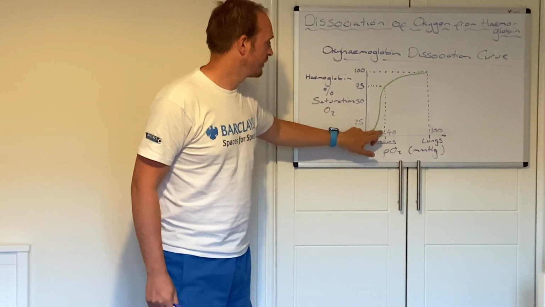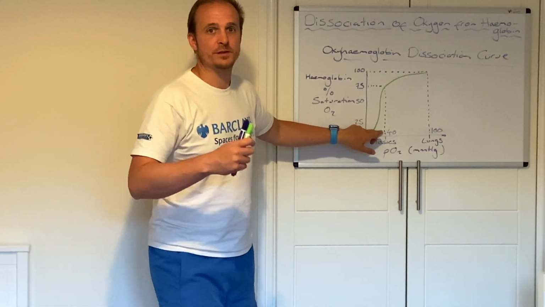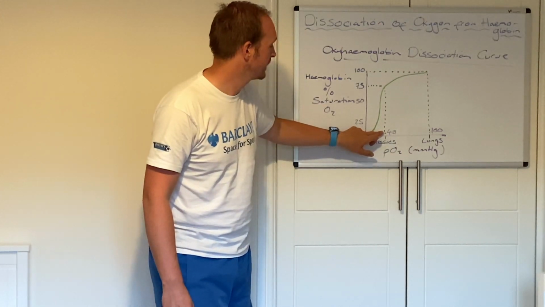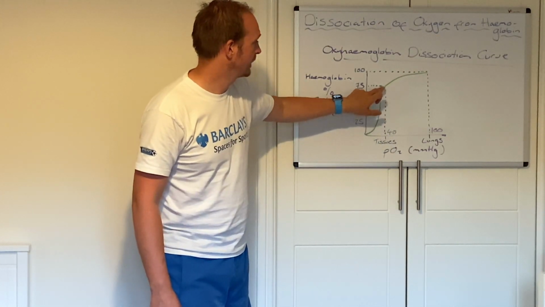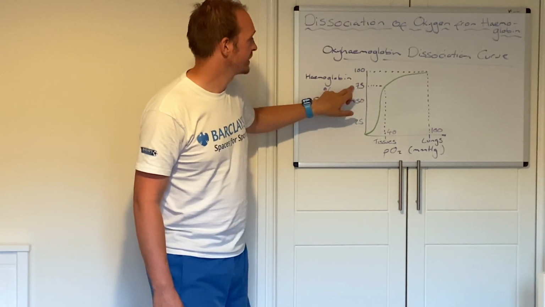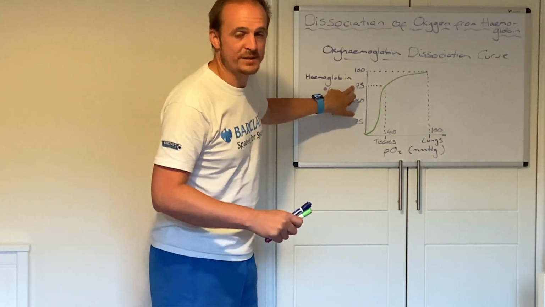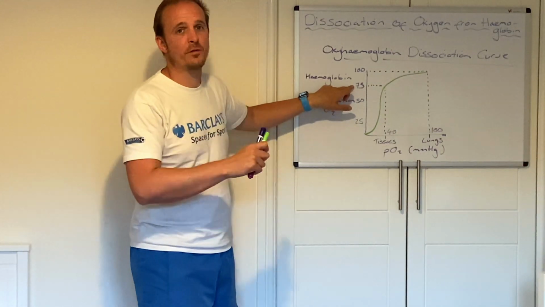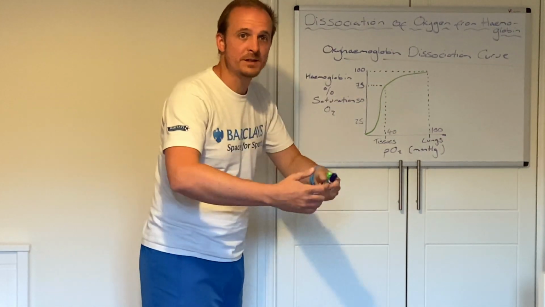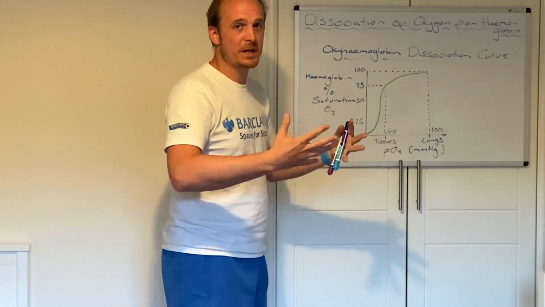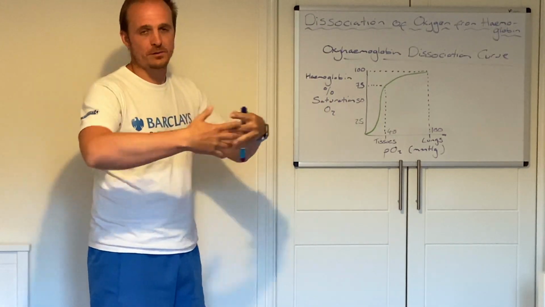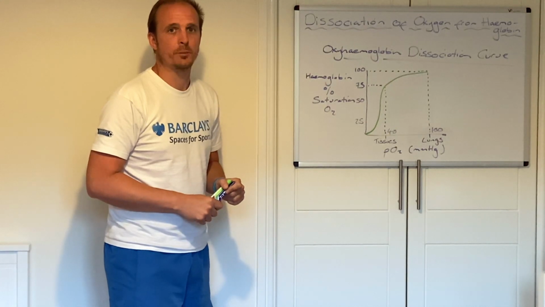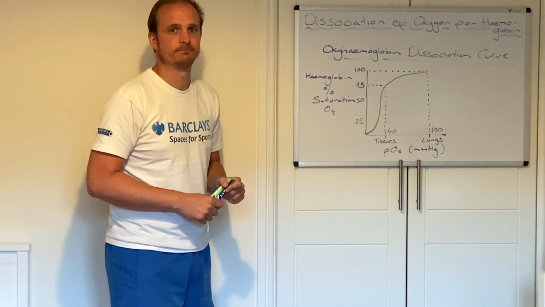If you go to somewhere in the body such as your muscle tissues where there's going to be a lower partial pressure of oxygen, only 40 in this example, follow the dotted line up to the S-shaped curve and you'll see that only 75% of the haemoglobin is saturated with oxygen. That's because 25% of the oxygen has been released, it's been dissociated is the correct word, it's dissociated away from the haemoglobin and into the muscle tissue so it can be used for respiration.